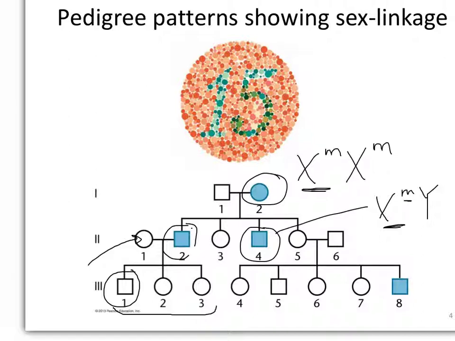This is a relatively rare condition, so that's not surprising. We can almost assume that she is X plus in the absence of other information. The daughters similarly are unaffected, even though they are inheriting a copy of the mutant allele from their father. So what we see in these kinds of patterns is we tend to see more impact in affected males, and they inherit the mutant alleles from their mothers, not their fathers.